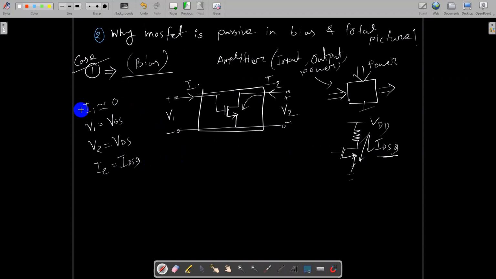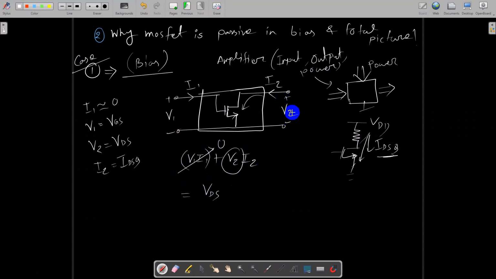Now, if I want to write that equation V1 I1 plus V2 I2, what about this thing? This thing is 0, so I have to calculate this one. What about V2? V2 is VDS.